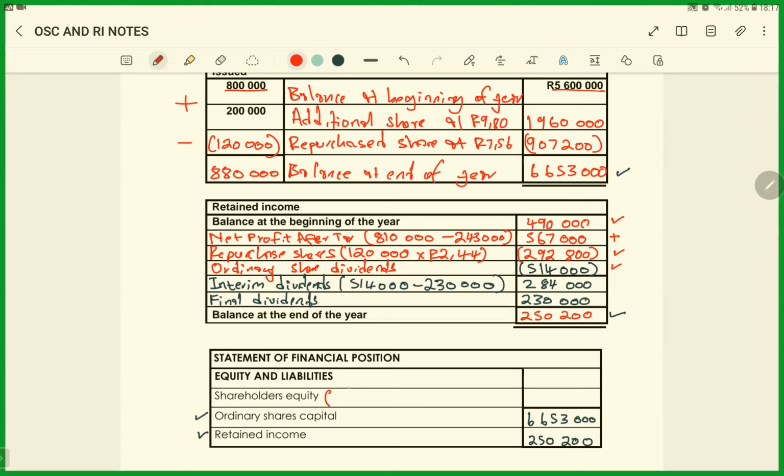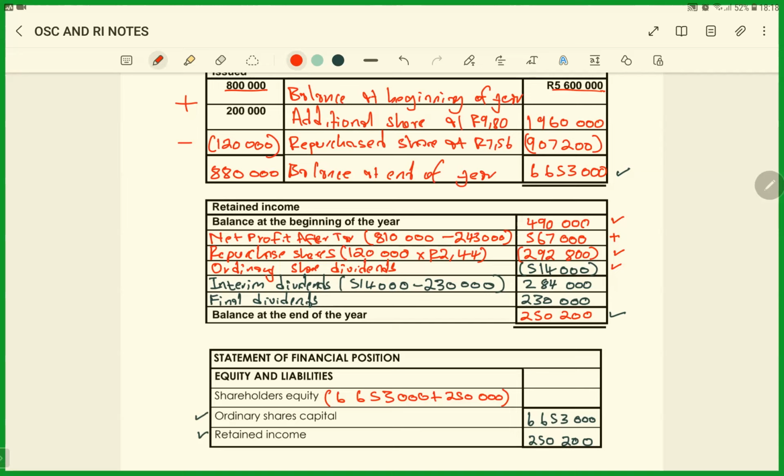Then now we have to find the total shareholders' equity. To find it, you take 6,653,000 and add 250,200. Wait, are we adding 6,653,000 plus 250,200?